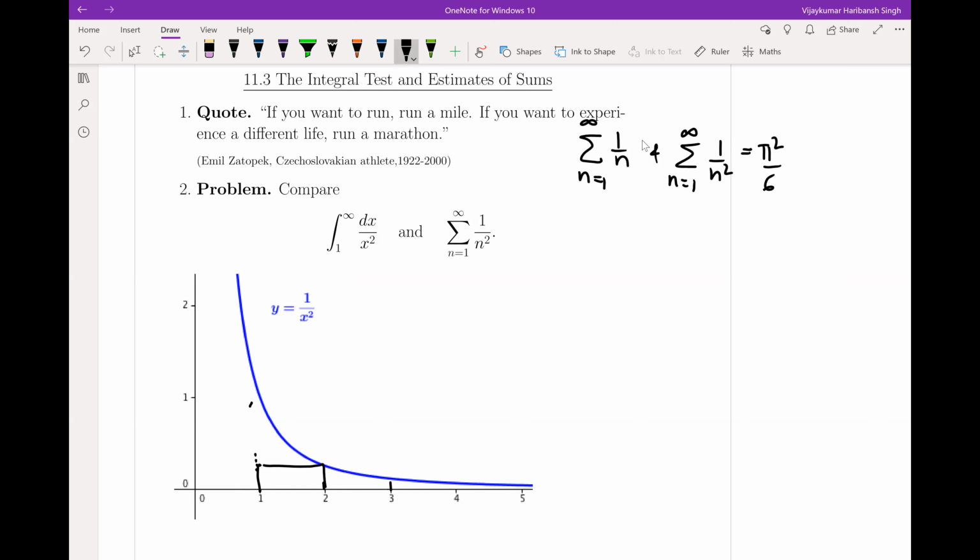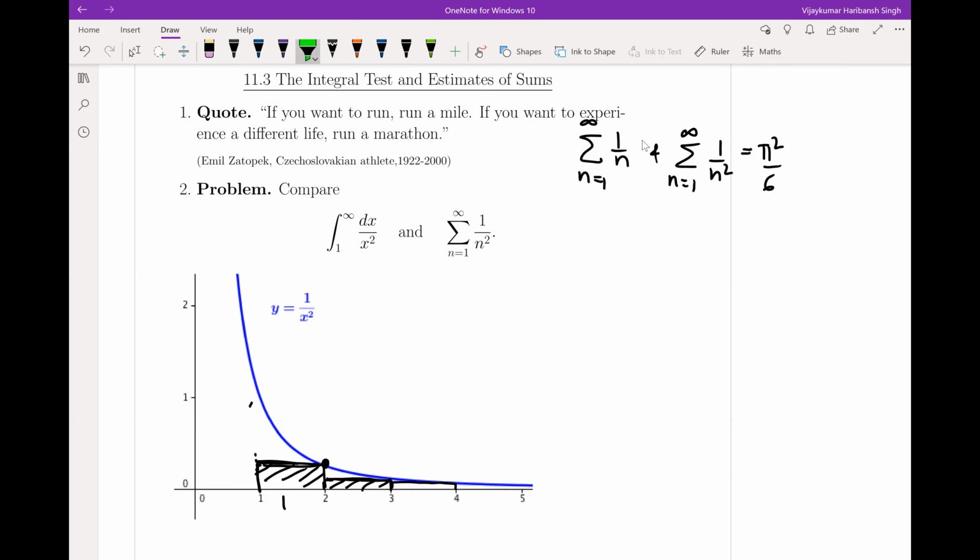Let's make these rectangles. These rectangles have base 1, and the height is given by the function values at these points. So we are looking at the right-hand Riemann sum here. So we are looking at these areas.